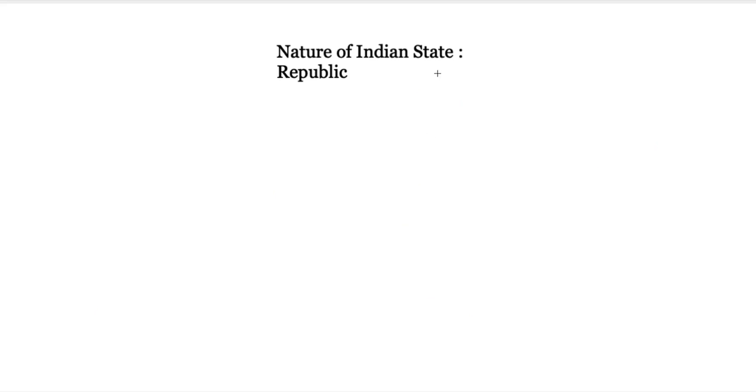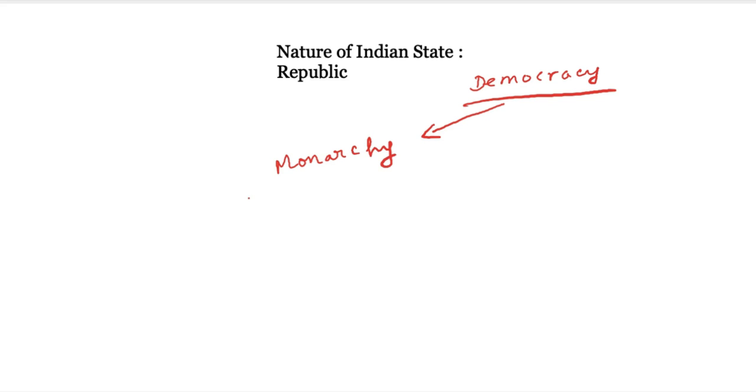Republic. A democracy can also be divided in the following way. One is monarchy, where the head of the state is hereditary.